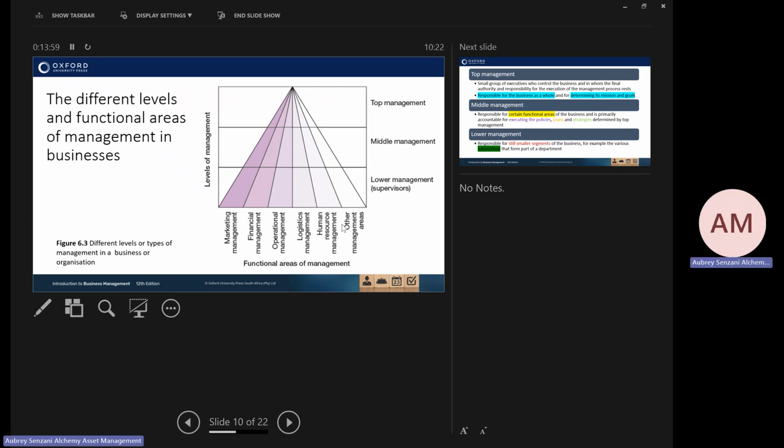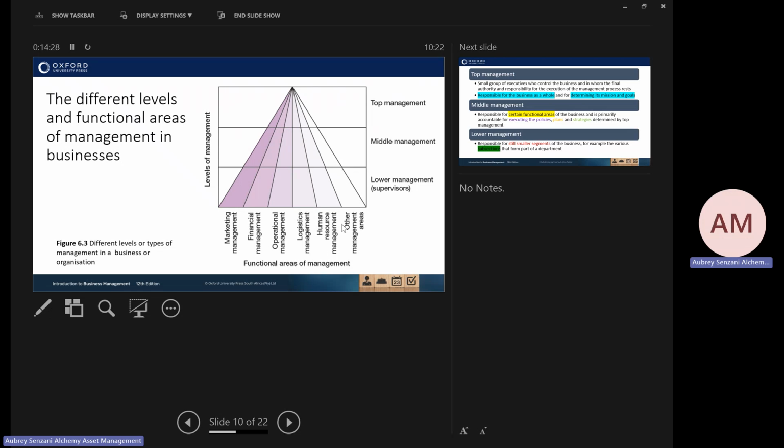The top brings the business in a certain direction, compared to the lower business, which really just carries out day-to-day actions. The managers.